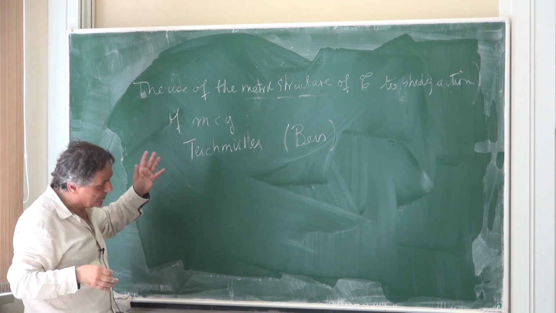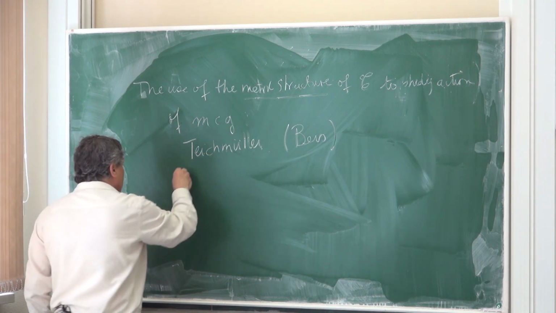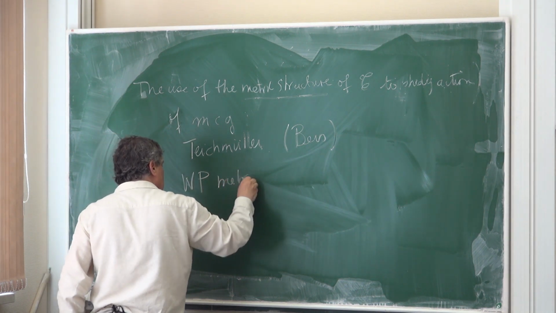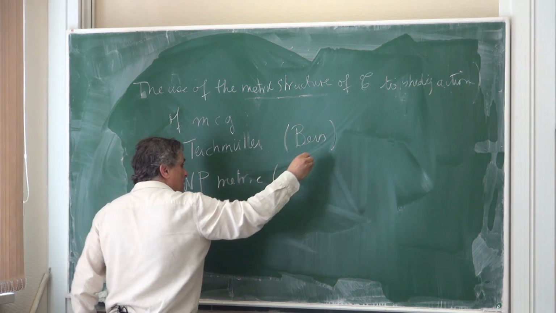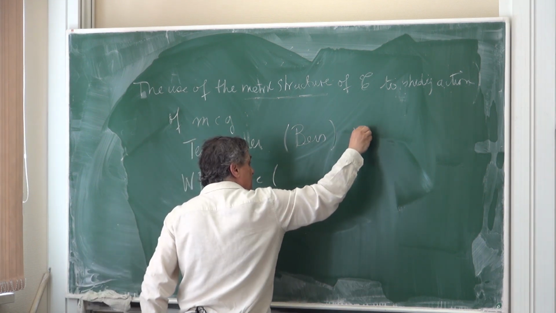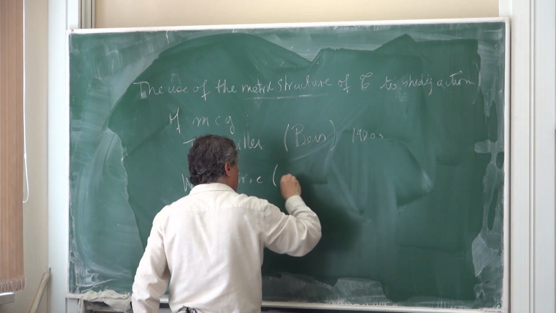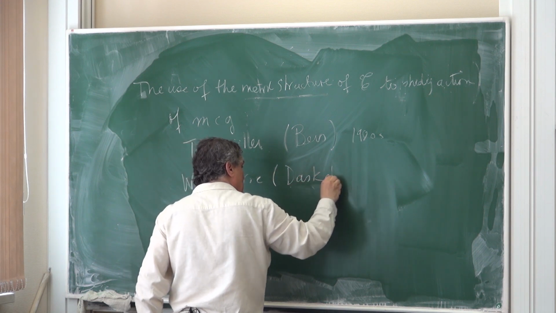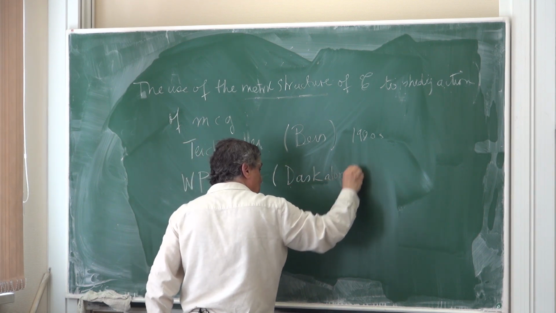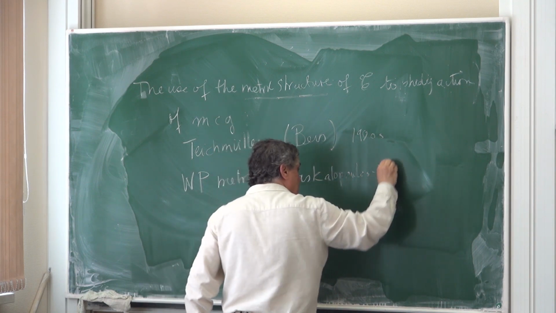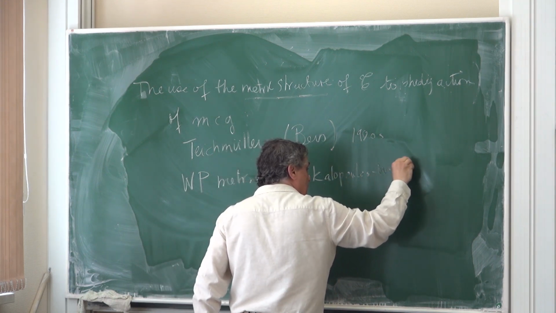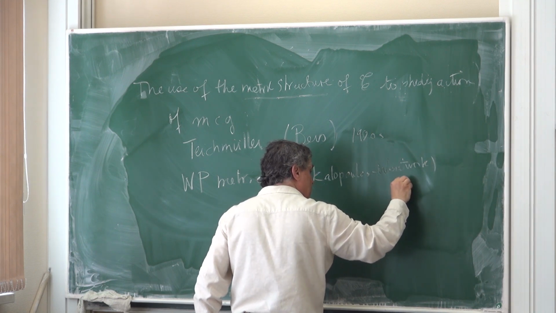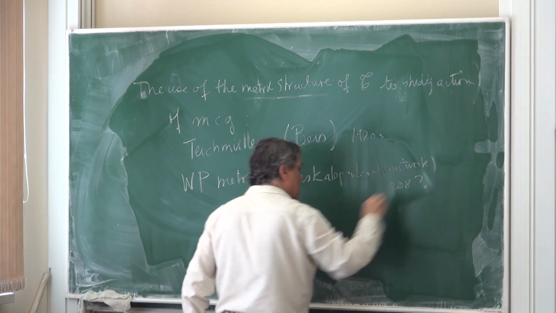And then for the Weil-Petersson metric, this was done later, by Daskalopoulos and Wentworth, 2000 something, maybe 2008, I don't know.